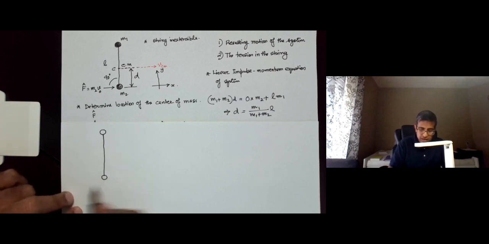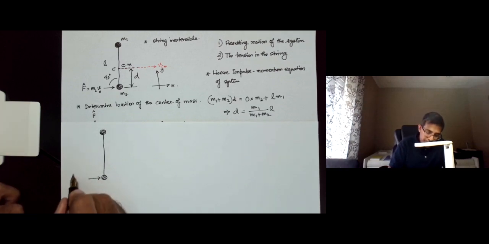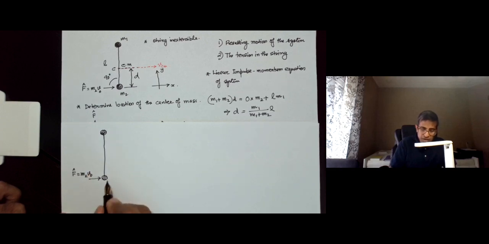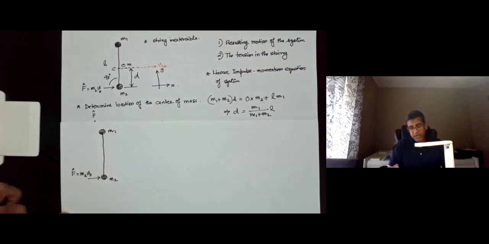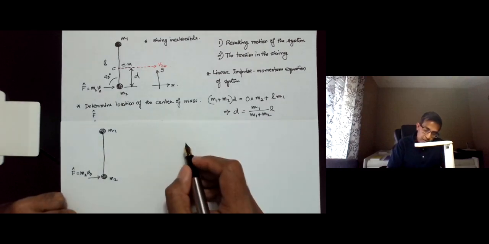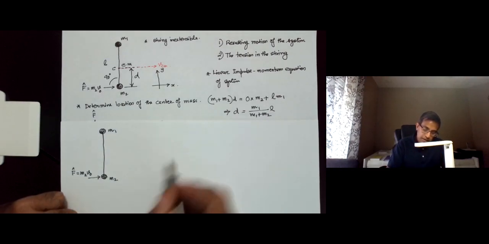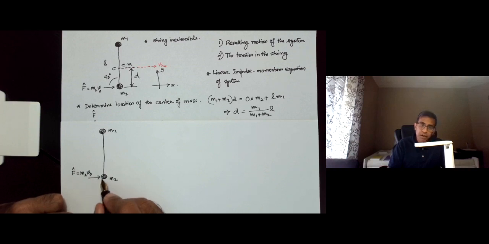What that means is we are going to see how this impulse, which is f hat equals m2 v naught, has what effect on mass m2 and m1 individually.